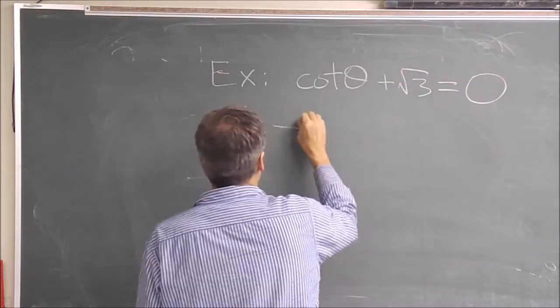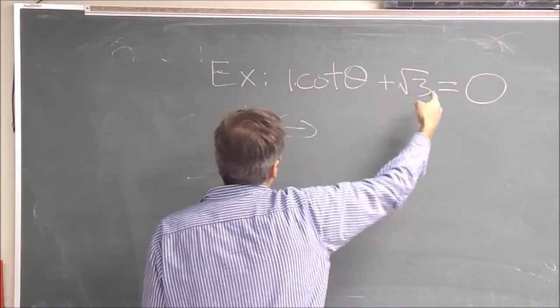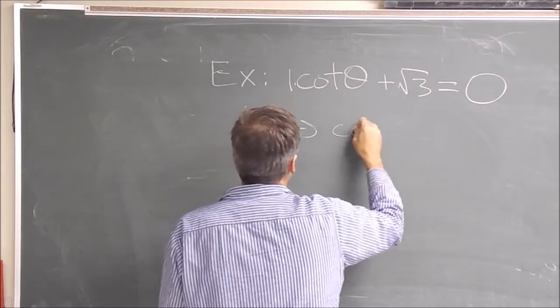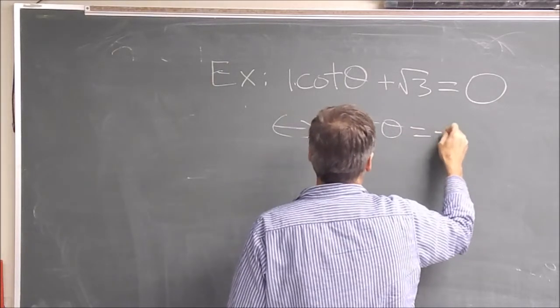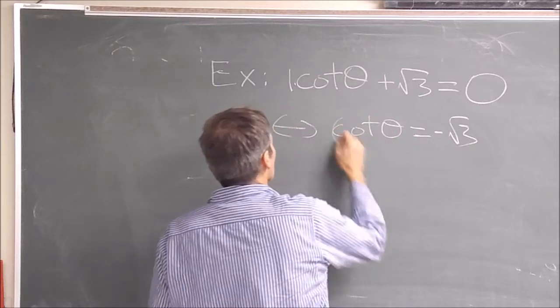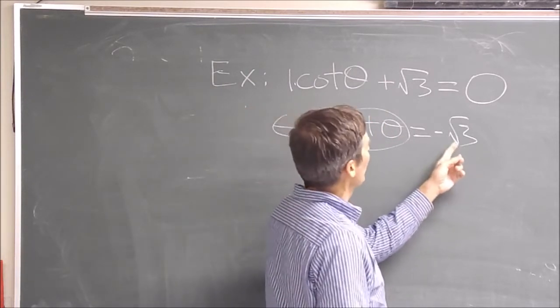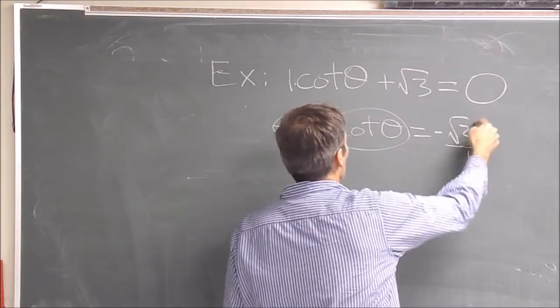Well, you just convert it into trig function equals the number by subtracting square root 3 and dividing by 1. This does nothing. So you get cotangent theta equals minus square root 3. Cotangent theta is x over y, so I need x over y on the unit circle to have this ratio, but if I just put this over 1, that won't be x and y.